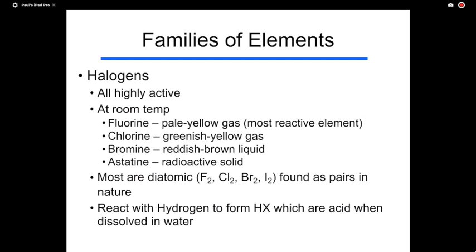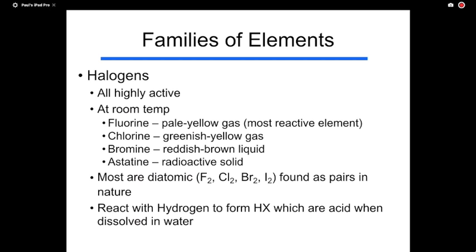They really like to react with stuff. At room temperature, two of them are gases. Fluorine is a pale yellow gas. It is the most reactive element on the periodic table. Chlorine is a greenish yellow gas, and we already tried to breathe in chlorine. Bromine is a reddish brown liquid, and then the last one is a radioactive solid.